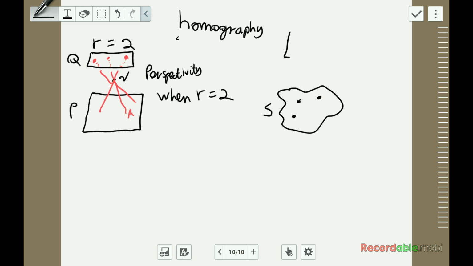And you're interested in doing something like a perspectivity or something kind of projective onto a plane Q. Well, if you have a centre of perspectivity, you can just do pretty much the same operation.